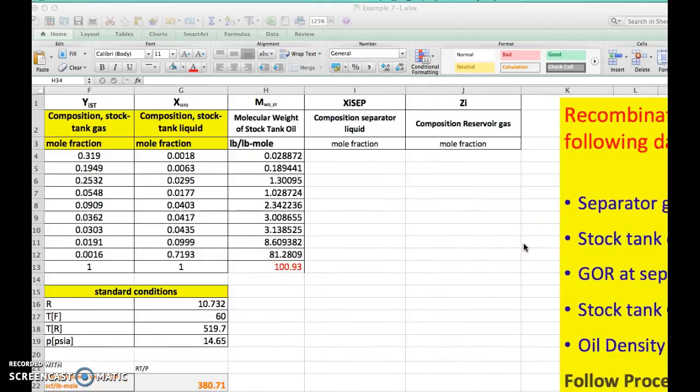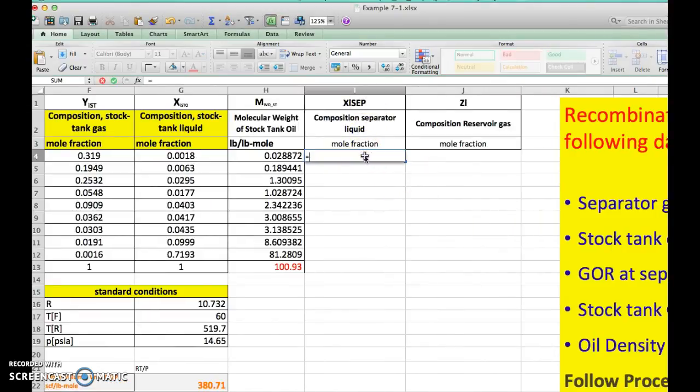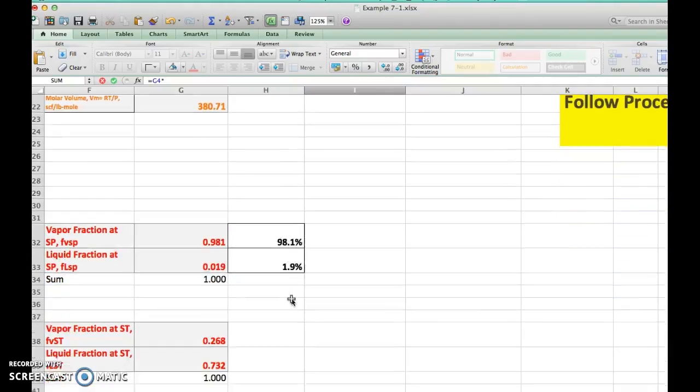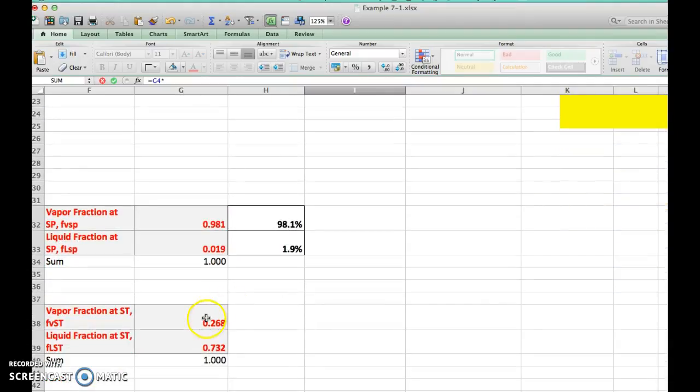So here I already have written here. So I have composition of oil multiplied by vapor liquid fraction.